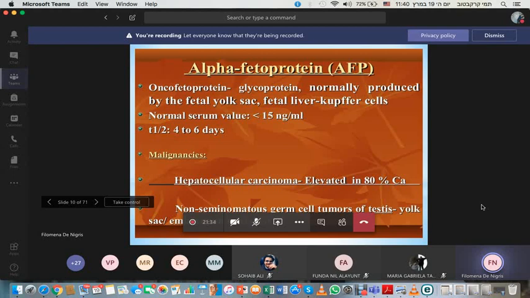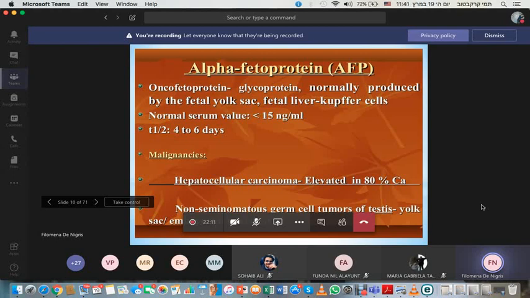Alpha-fetoprotein is present at high level, that means 10-fold higher than the normal range, in 80% of hepatocellular carcinoma. That means that 20% of patients don't release alpha-fetoprotein. So these patients are negative for this marker, but they can already have tumor disease.